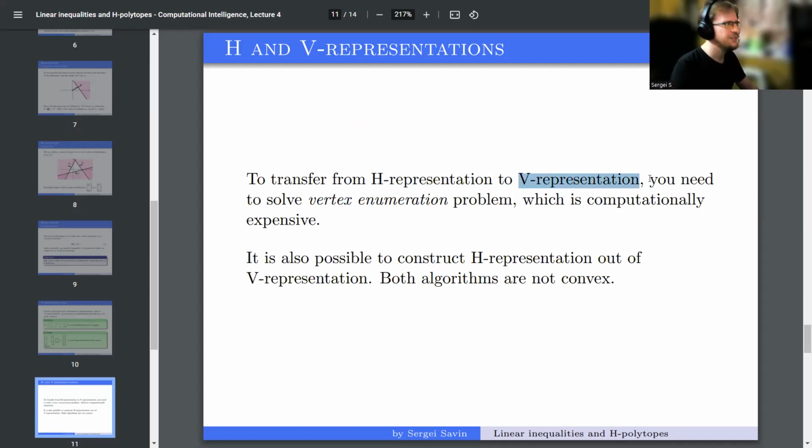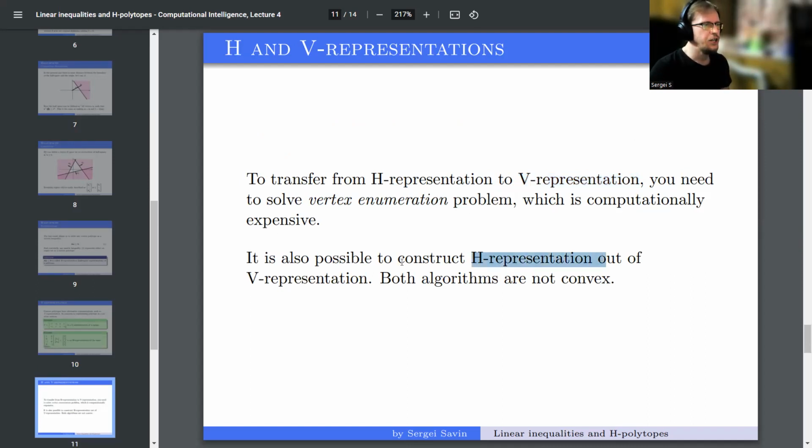People did this enough to actually develop ways to solve this problem. This problem is called vertex enumeration when you go from H to V. It's computationally expensive, but it is implemented. You can find it in Python, in MATLAB. It is, I think, as expensive as sorting, plus, of course, multiple overheads.